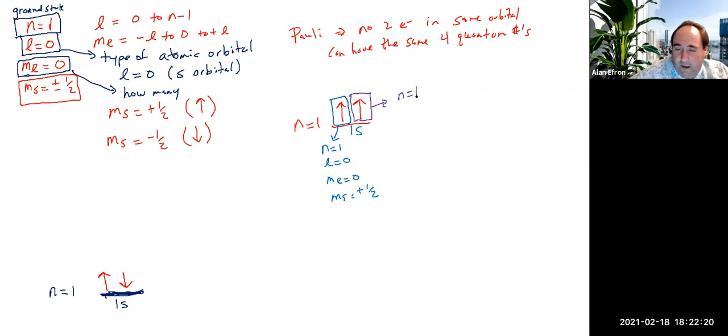N would equal 1 for that electron. L would equal 0. M sub L would also equal 0. And M sub S would equal plus 1/2. That is a violation of Pauli's exclusion rule. Both of these electrons have the exact same 4 quantum numbers, which you cannot have.